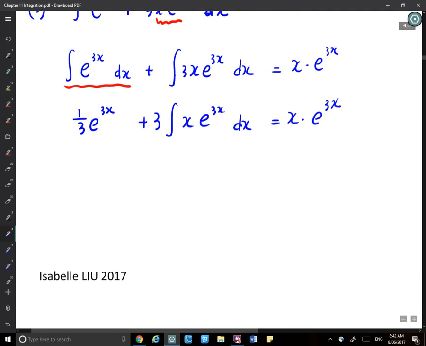And I can subtract a third e to the power of 3x on both sides. So x times e to the power of 3x minus a third e to the power of 3x.